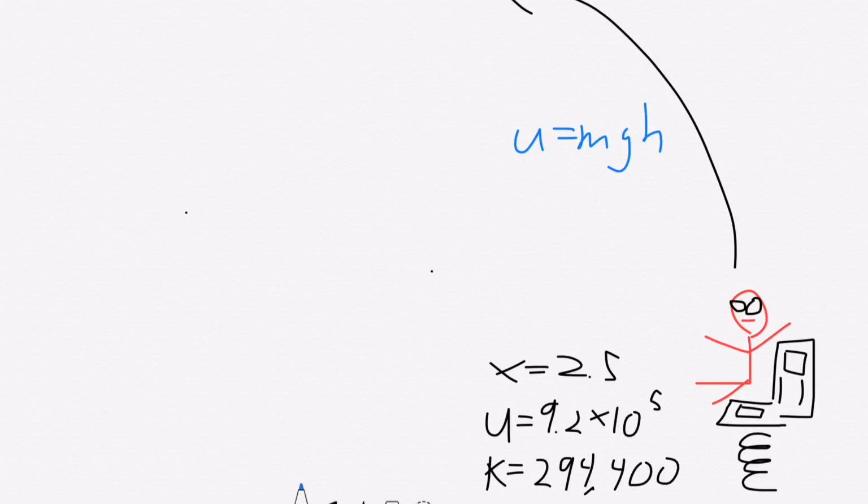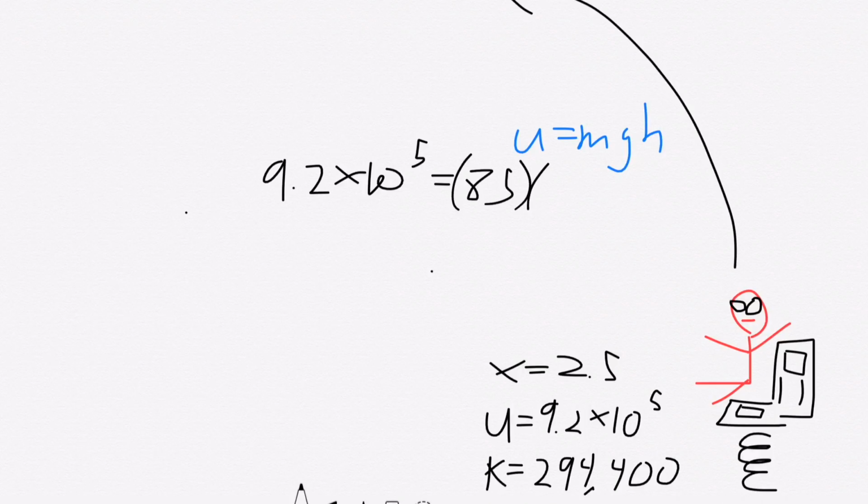So we're going to plug everything that we know in, and we are going to get 9.2 times 10 to the 5th equals 85 times 9.8 times h. And then you multiply 85 times 9.8, and then divide 9.2 times 10 to the 5th by whatever you got, and that should give you your answer.